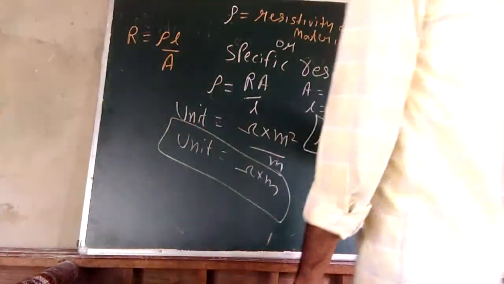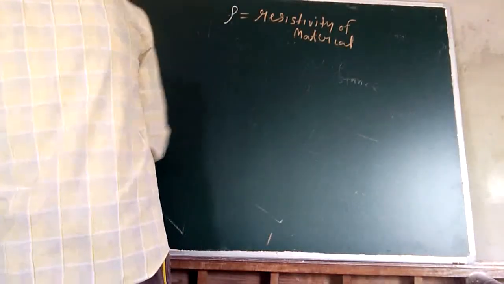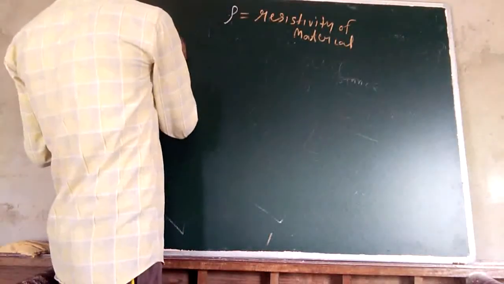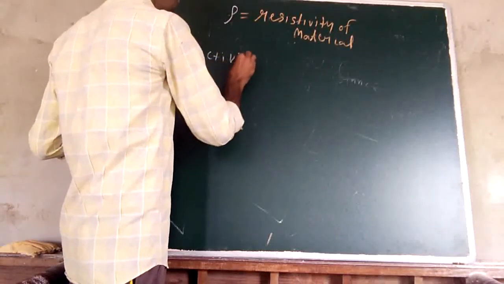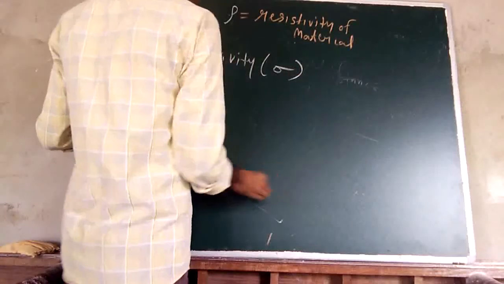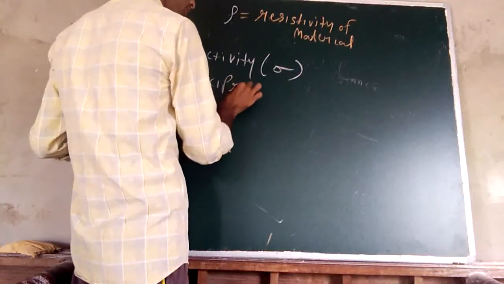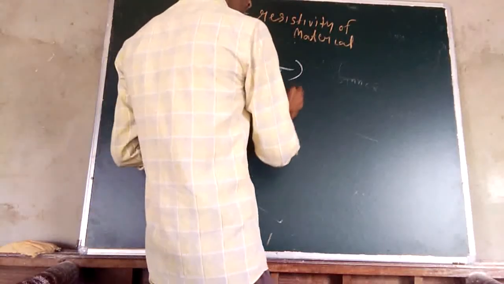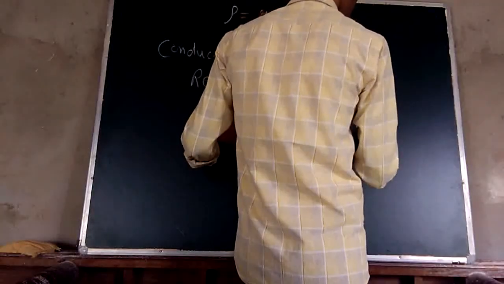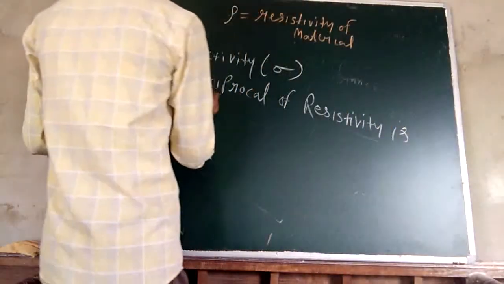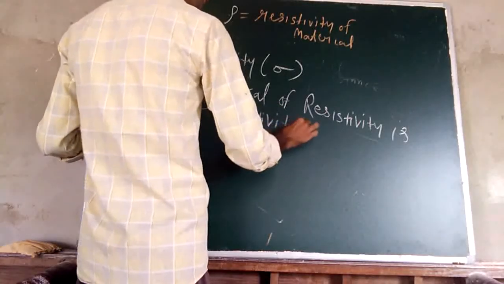Now another term is conductivity, and the notation of conductivity is sigma. What is conductivity? The reciprocal of resistivity is conductivity.